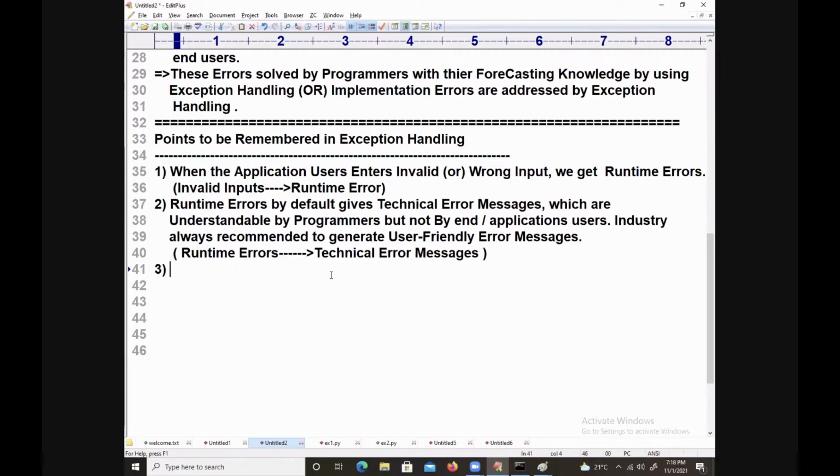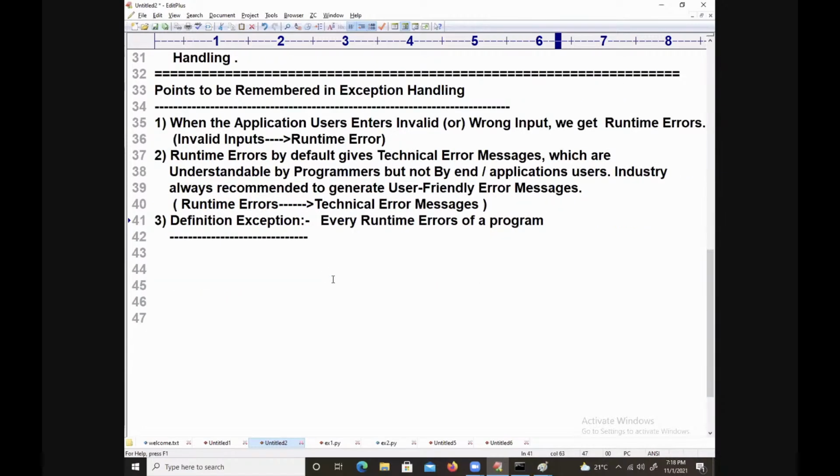Now, the definition of exception I am talking about. Very important. Definition of exception. Very simple, sir. I am trying to give you the clarity here. Every runtime error of a program is called an exception.